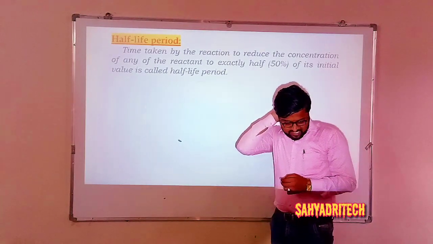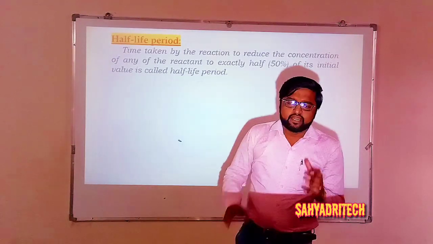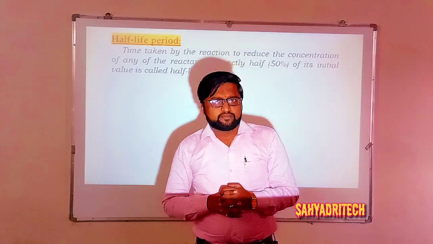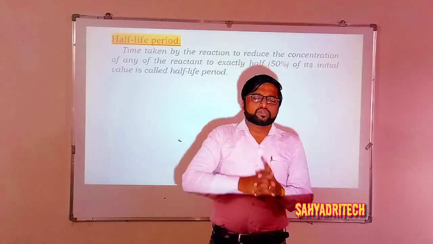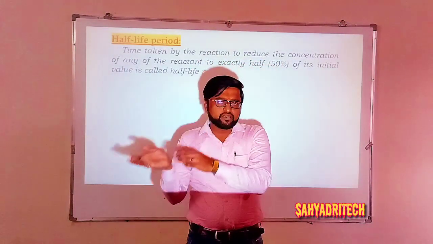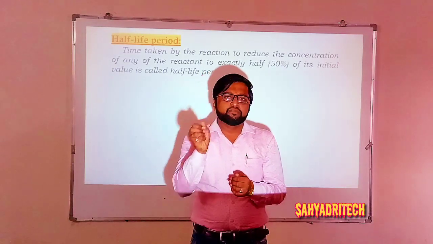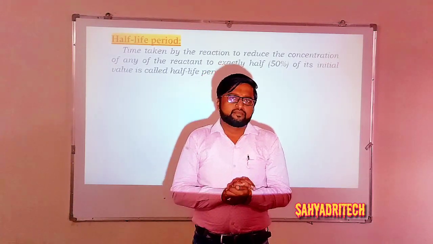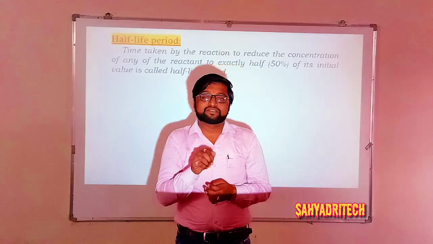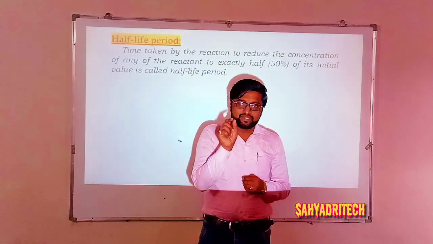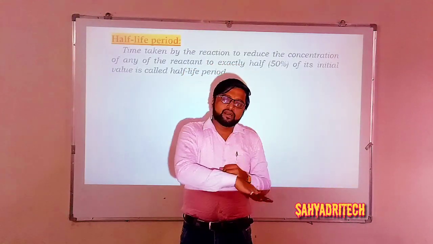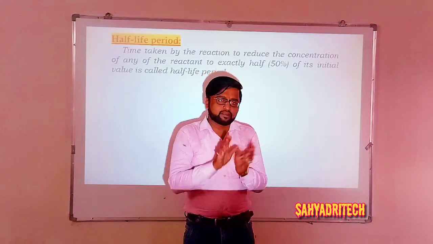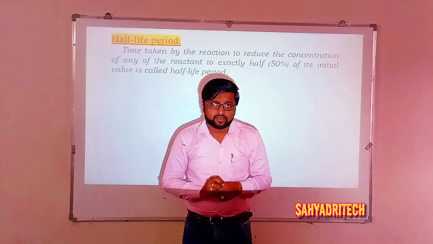Say, for example, there are 100 moles of reactants present. To convert all 100 moles of reactant into product, say it takes 20 minutes. That 20 minutes specifies the t value, the time taken to complete all the reactant into product, 100 molecules of reactant into product.